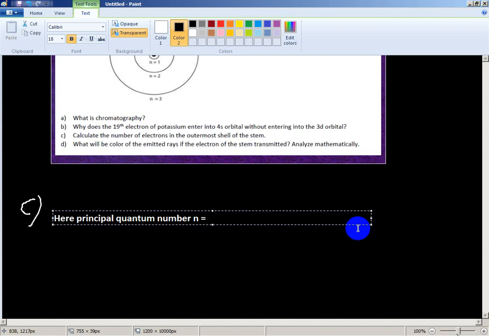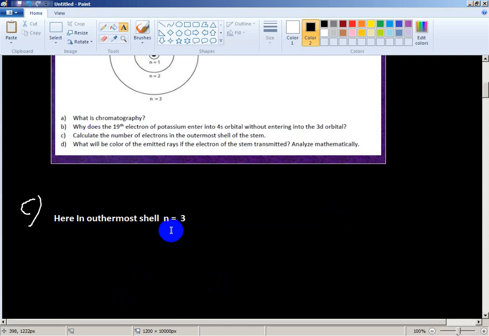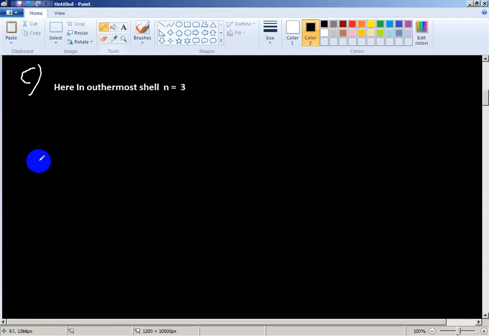Sir, 3. Here in the outermost shell n equal to 3. So the principal quantum number is n equal to 3. So how will we calculate the electrons?